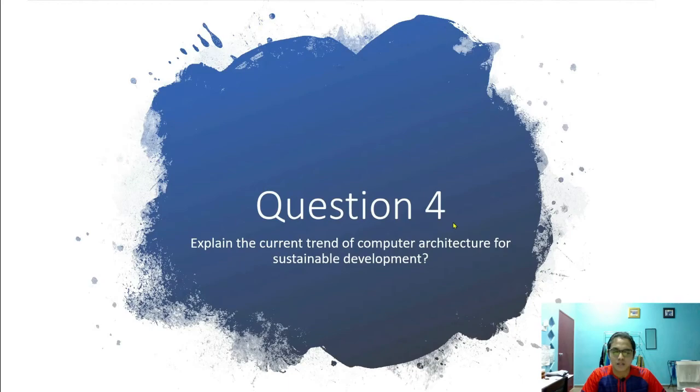Now let's take a look at question number 4, which is: explain the current trend of computer architecture for sustainable development.